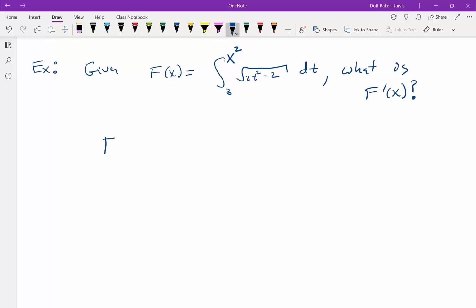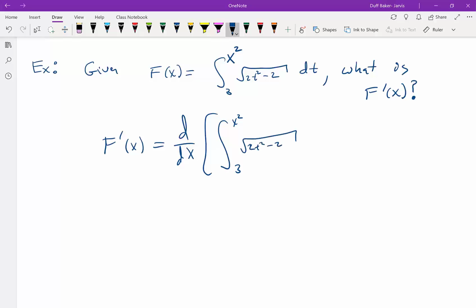That's just saying that the derivative will be the derivative of this integral thing, dt. And so you might first guess that we can just plug x squared in, right? Or something like that, but it's not quite right.